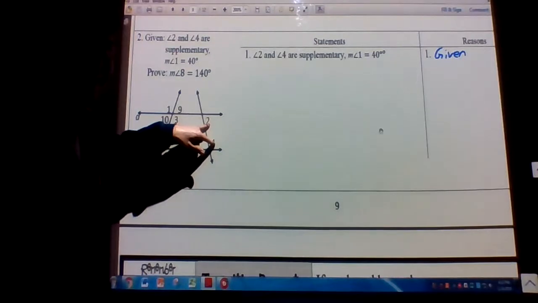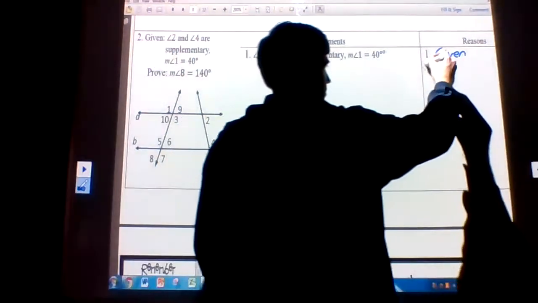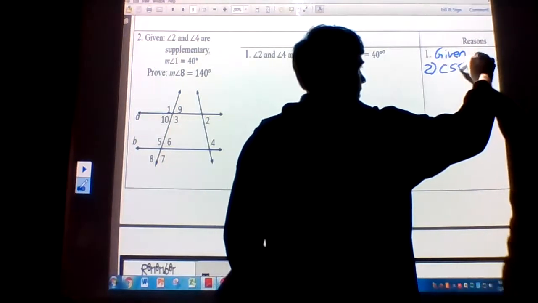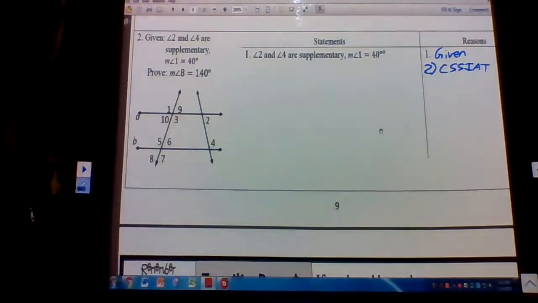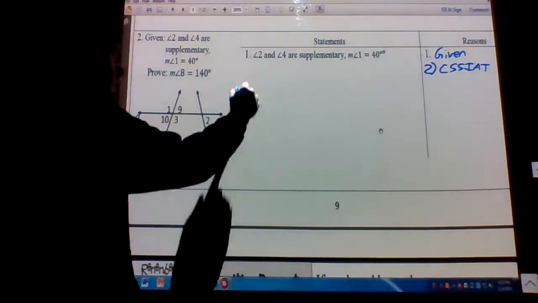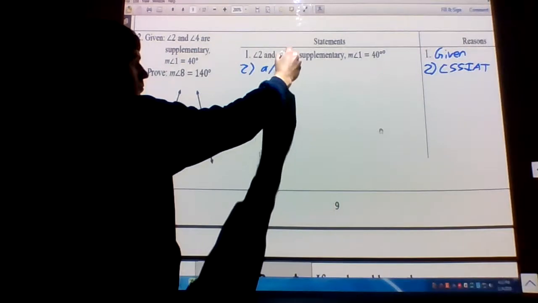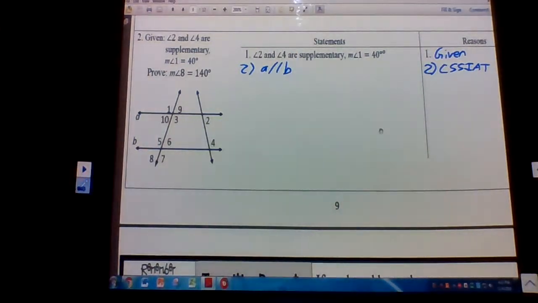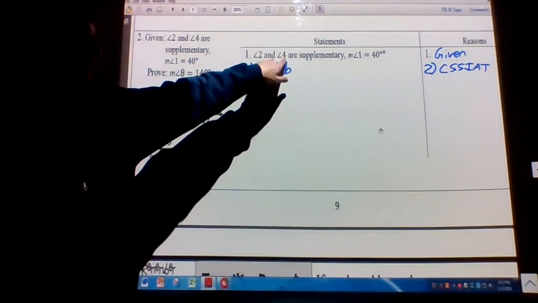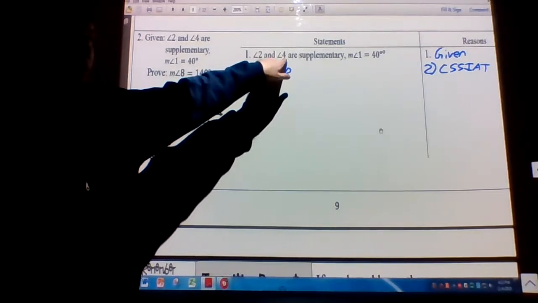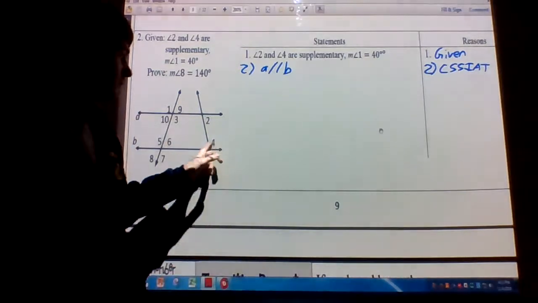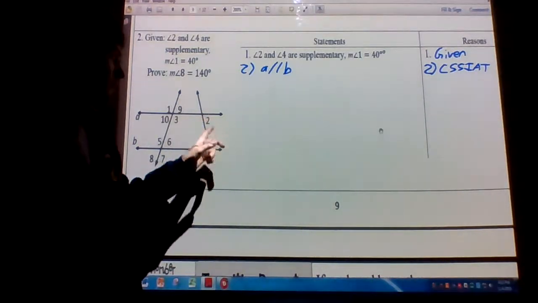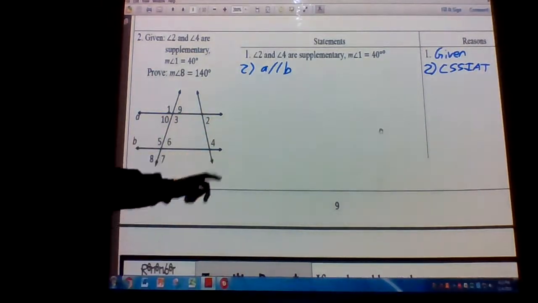So we're going to use our converse to the same side interior angle theorem, or consecutive interior angle theorem, to say that lines A and B are parallel. Since the same side interior angles are supplementary, we can conclude that the two lines are parallel. These same side interior angles are supplementary, therefore the lines A and B are parallel.